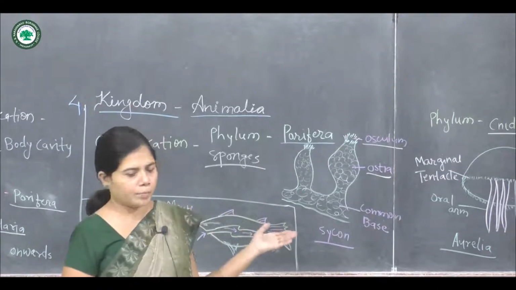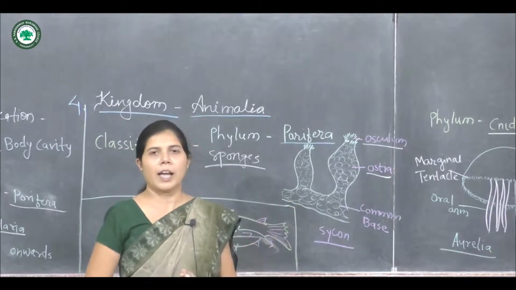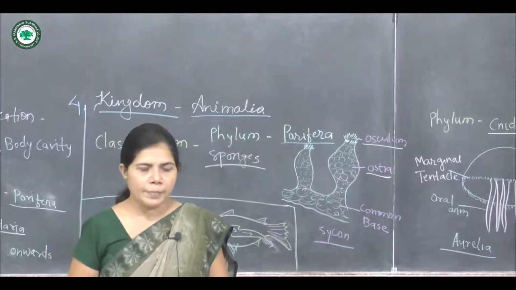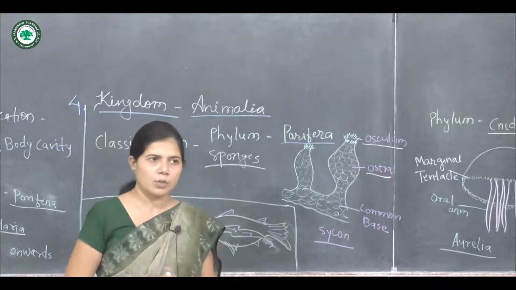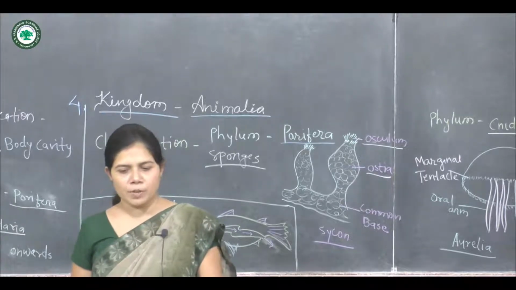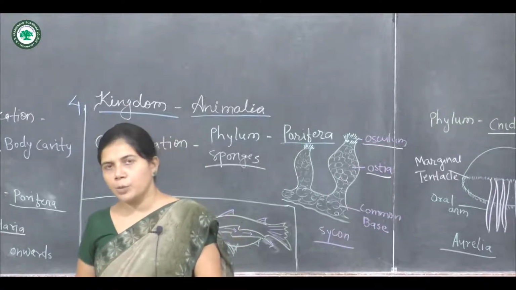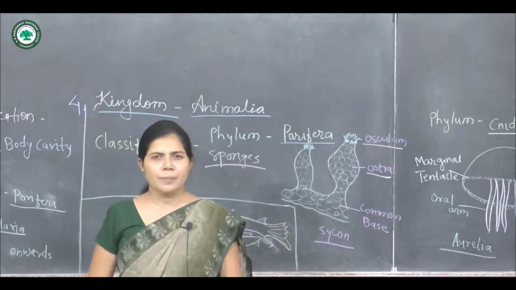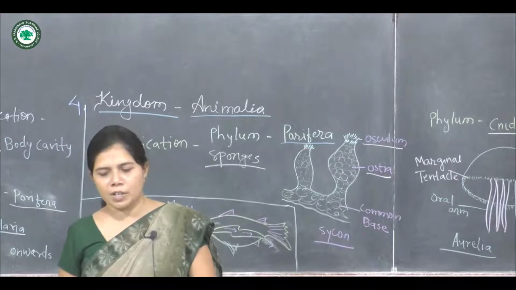Reproduction of these sponges is of both types, asexual as well as sexual. In sexual reproduction there is gamete formation, and in asexual reproduction there is gemmule formation as well as fragmentation, and some animals reproduce by regeneration.